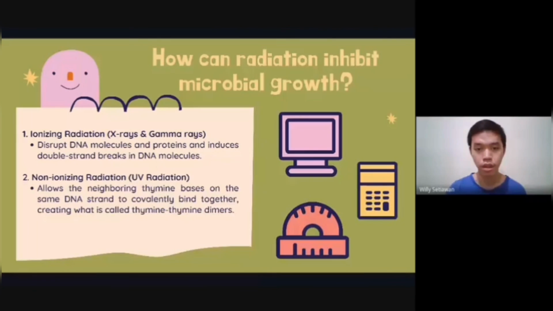It allows neighboring thymine bases on the same DNA strand to covalently bind together, creating what are called thymine-thymine dimers. When DNA polymerase meets a thymine dimer, it often does not add the sufficient complementary nucleotides, or two adenines, and this leads to mutations that can eventually destroy microorganisms.